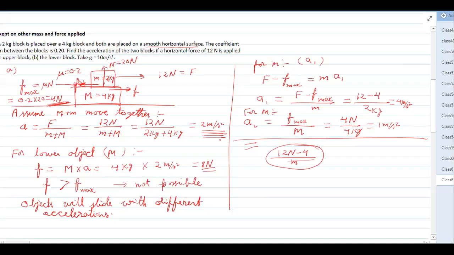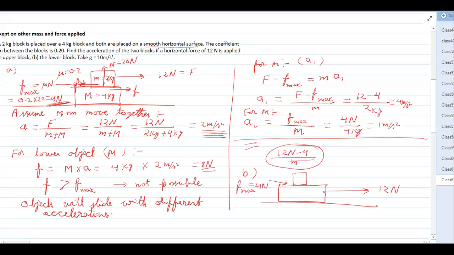Now coming to the second part, part B. In part B, it says that the force is applied on the lower block. If 12 Newton force is applied on the lower block, the F max will have the same value, that is 4 Newton, which we have already calculated.